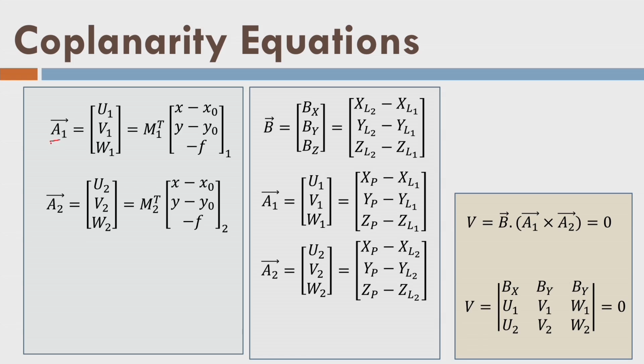So, I am writing A1 as U1, V1, W1 using some transformation, that is M matrix. I am writing the first image coordinate here, and secondly the second image coordinate here. So, I should write it with our convention R2 T and here R1 T. See, I got this U1, V1, W1 and U2, V2, W2. That is the object coordinates of these points.